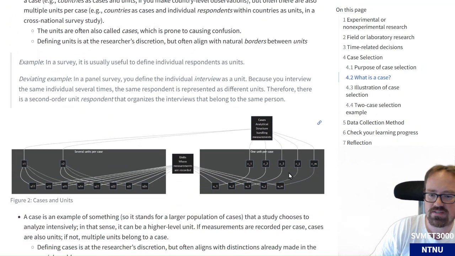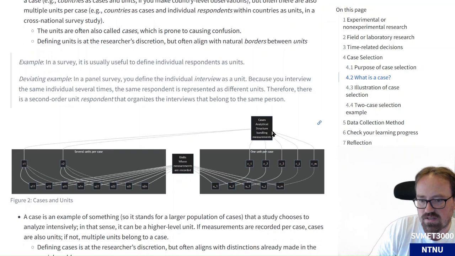To visualize that, cases as analytical structures bundling measurements can be immediately tied to individual units, where units are the measurements, where the measurements are being recorded. Or we have several units per case, like 4 units here and 4 units here for case number 2.